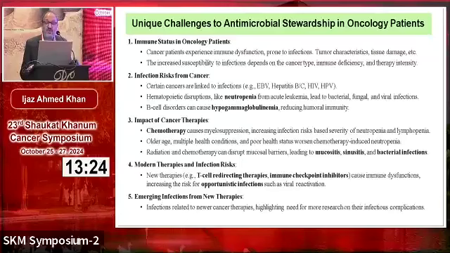So there are some unique challenges in stewardship in oncology patients. Of course, we know that they are already immunocompromised, they have immune dysfunction, they are prone to infections, tumor type may also be different, and they have increased susceptibility to infections. Some of the cancers are linked to infections, EBV, hepatitis B, C, etc. And then, of course, neutropenia per se from acute leukemia also leads to a lot of these infections, and hypogammaglobulinemia as well.